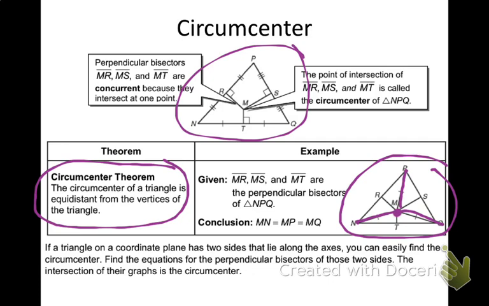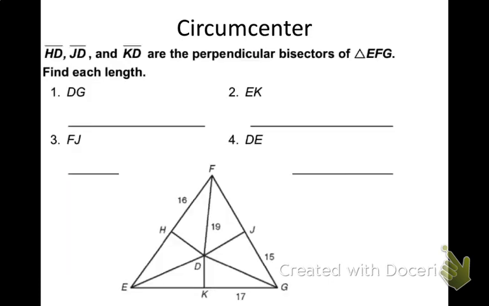Okay, let's look at a problem here. Number 1. HD, JD, and KD are the perpendicular bisectors. We're talking about perpendicular bisectors. I want to find each length. First length I want to find is DG.